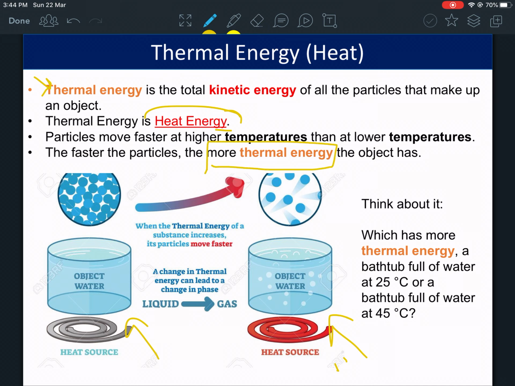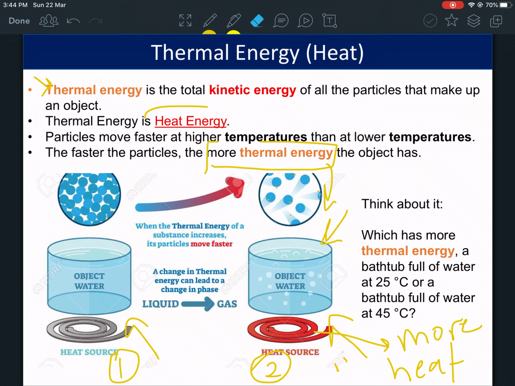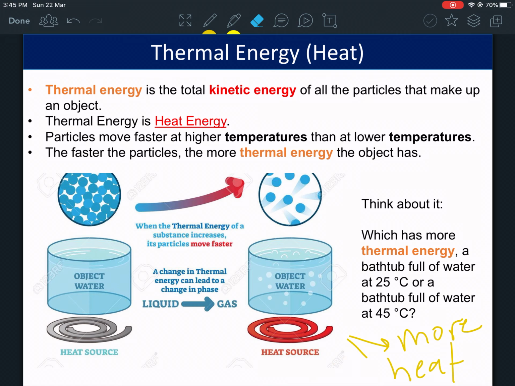So which one has more? 1 or 2? You're right. 2 has more thermal energy because the particles are moving faster. Why? Because we have more heat. So thermal energy, if you want to understand what it is, you can just say that it is heat energy. This is the summarized definition.